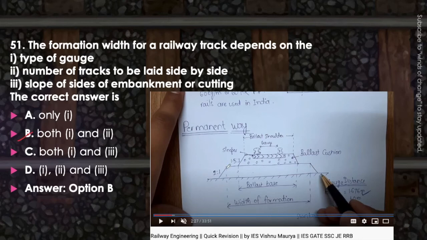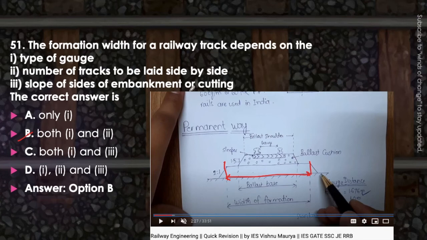Okay, this is the formation width, you can watch here, this is the width of formation from this point to this point. This much will be the formation width. Now it will depend upon first of all the type of gauge. If it is meter gauge, it will be lesser. If it is broad gauge, it will be higher. Number of tracks to be laid side by side, obviously. If there are 2 tracks, then this length will be increased.